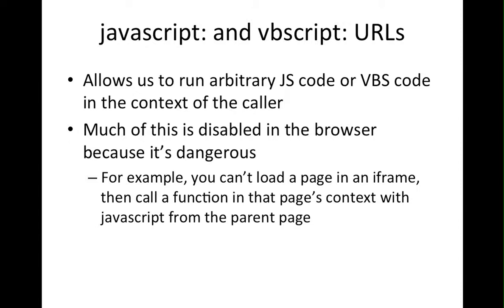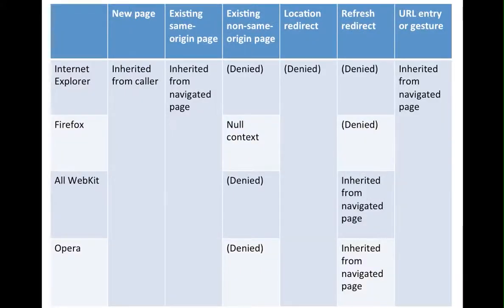But if you're running them in an iframe or a different origin, they won't work for the most part. Like I said, for the example, you can't load a page in an iframe, then call a function in that page's context with JavaScript from the parent page. That's kind of the same as the data, except it's a JavaScript link.